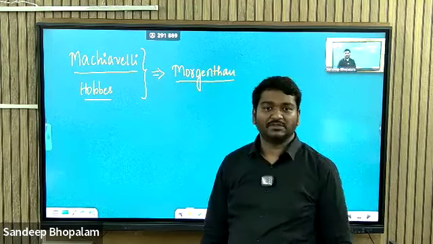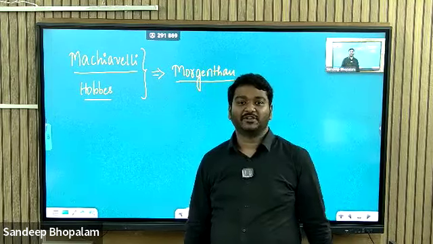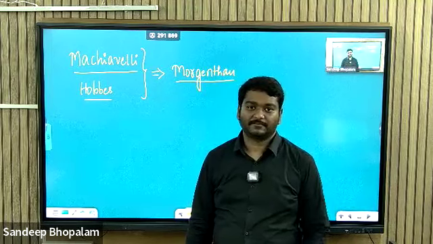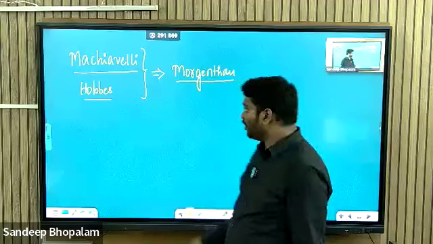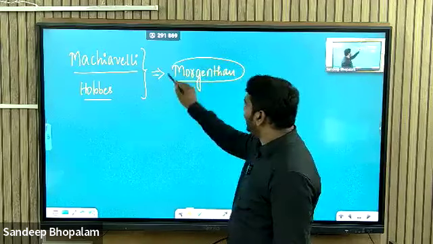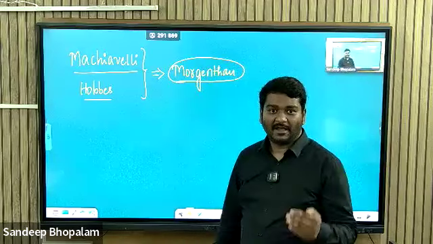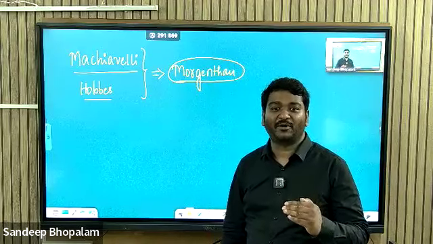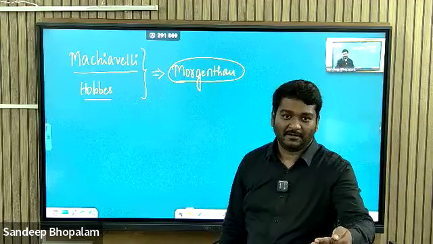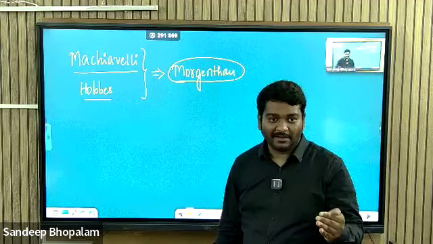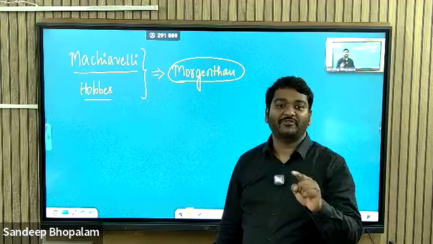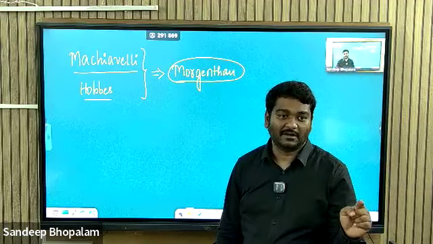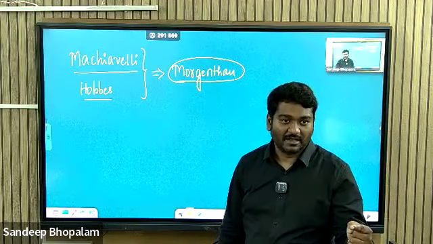And Morgenthau was foreign advisor to the US, advisor on foreign policy and all. So he wanted to tell the US how your future foreign policy must be. You should not be ideal, you should be real. Because the US spoke about Woodrow Wilson, 14 points, right?